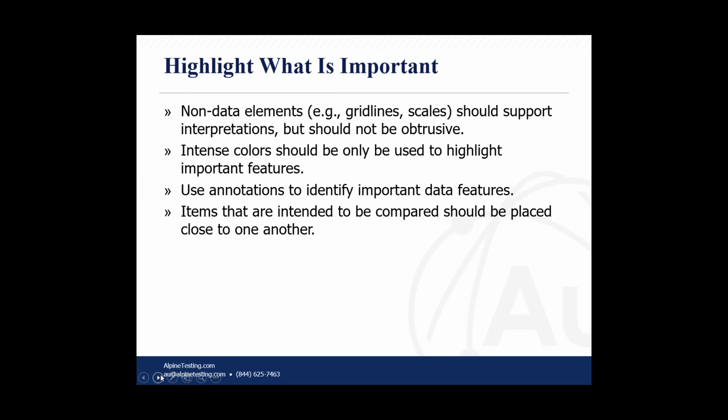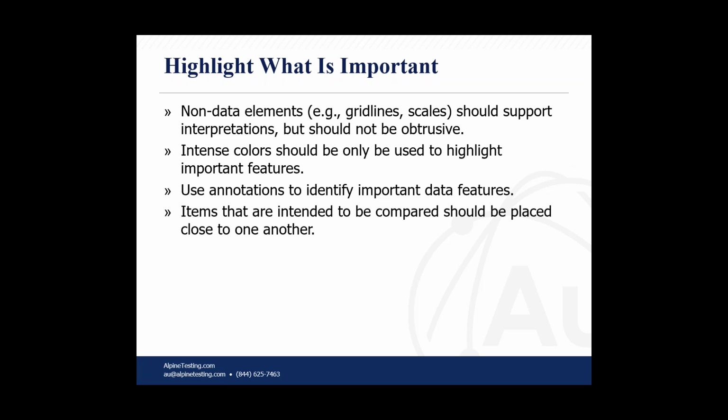Relatedly, we need to highlight what's important. We need to point the users to the areas of the graph that we want them to look at. We want to help them to come to the interpretation that we're trying to convey with the display. So to do that, we can minimize things that don't support the interpretation. For example, we don't want to use intense colors in areas that are not important.